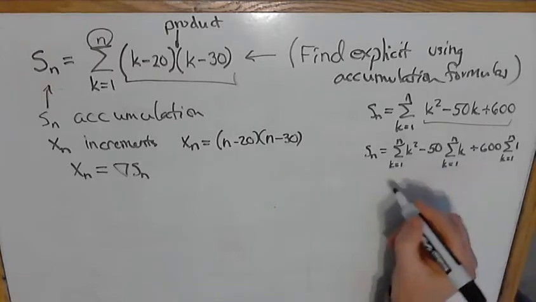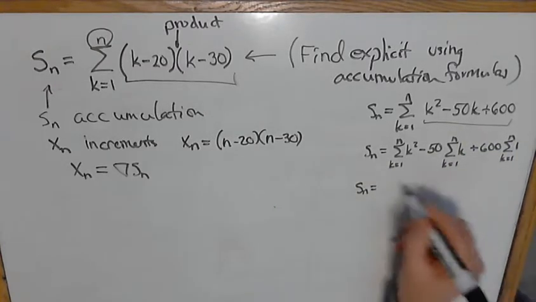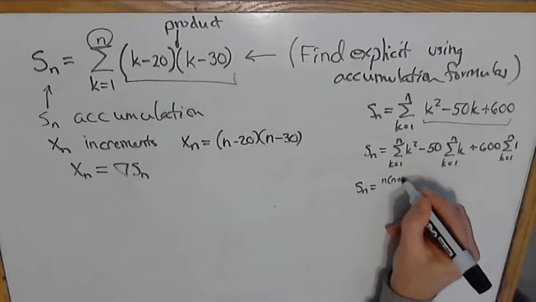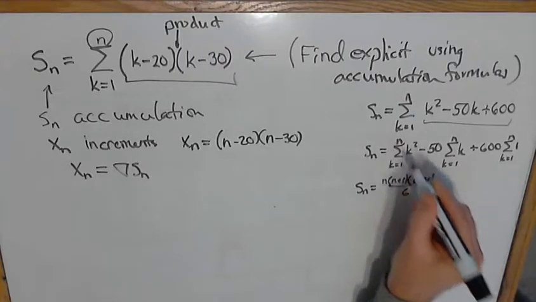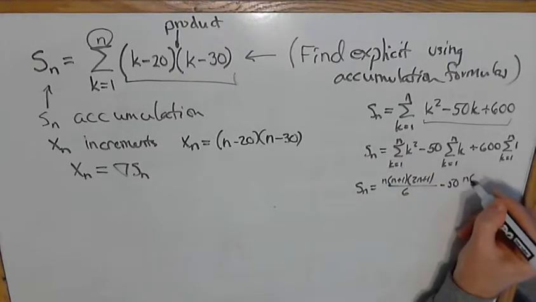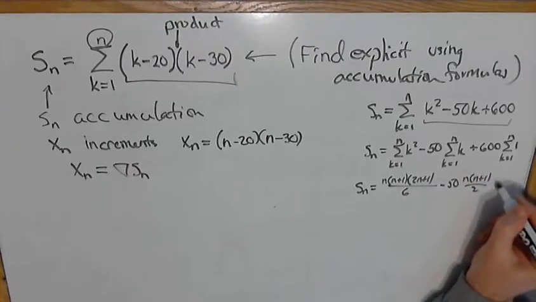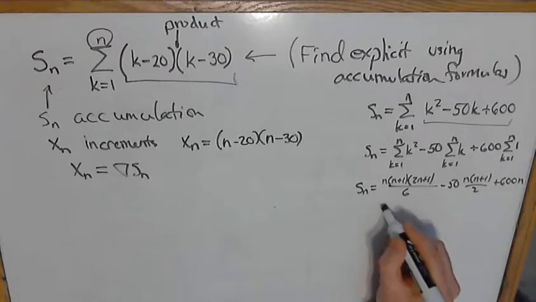And I could finish by using my summation formulas. Sn is some formula, because this is the sum from 1 to n. I just use the accumulation formula. Minus 50n times n plus 1 over 2 plus 600n. Notice this is an explicit formula.